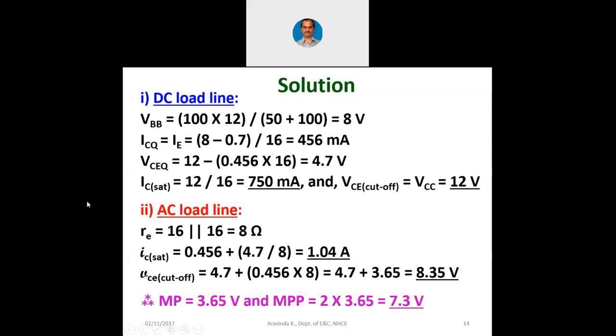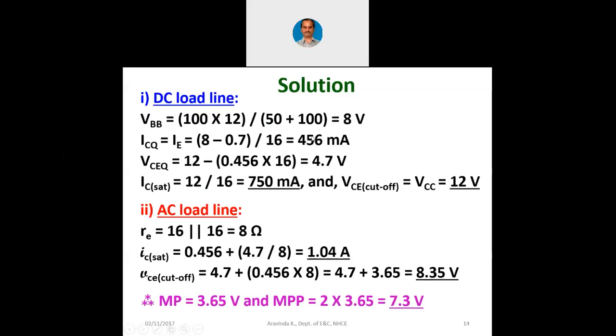So we can say the transistor is dissipating a DC power of 456 milliamperes into 4.7 volts. Across the transistor itself, this ICQ and VCEQ is there. So how much is this 0.45 into 4.7? Approximately, if I say it as 0.5 into 5.